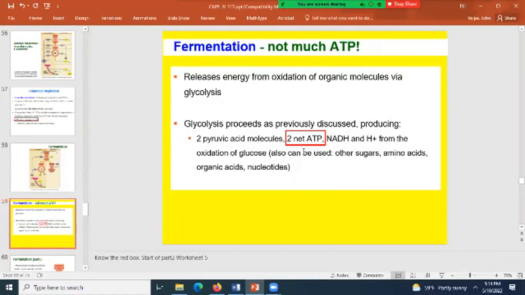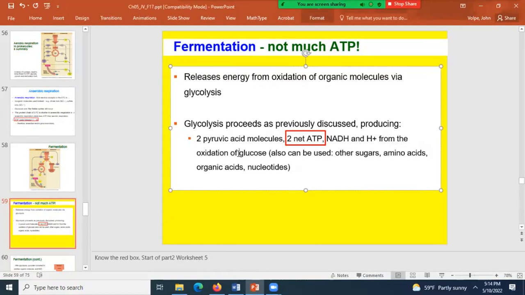Glycolysis precedes the fermentation reaction, and it's the same glycolysis we discussed, where glucose is made into 2 pyruvic acid molecules. There's a net gain of 2 ATP molecules, and then we generate NADH and H+ from the oxidation of glucose. Now you can oxidize other molecules besides glucose, but we'll talk about it mainly with glucose, the same as we did with aerobic respiration.